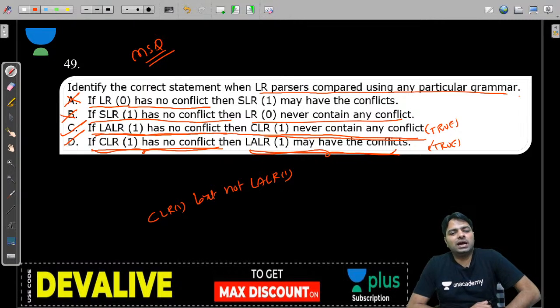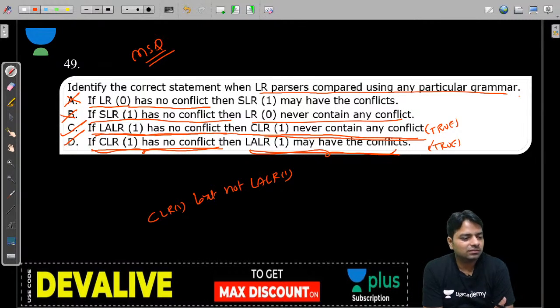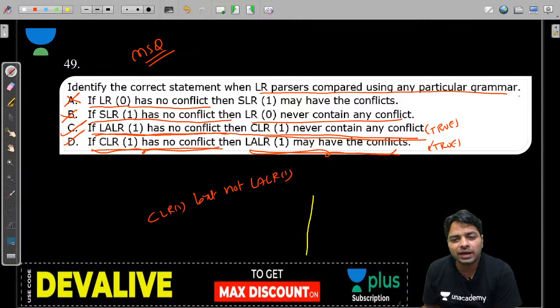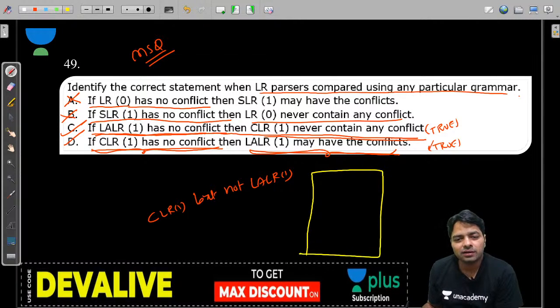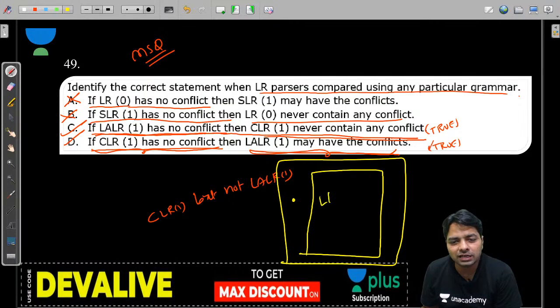If the CLR1 has no conflict, what is the issue? Yeah. Some people have a doubt. Look at that grammar. When you have a confusion, look at what I'm trying to say. Look at this grammar. This I talk about the LALR1 class.